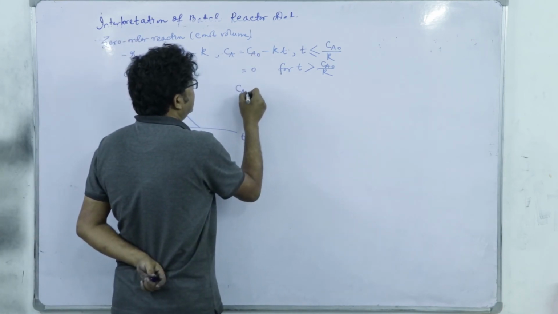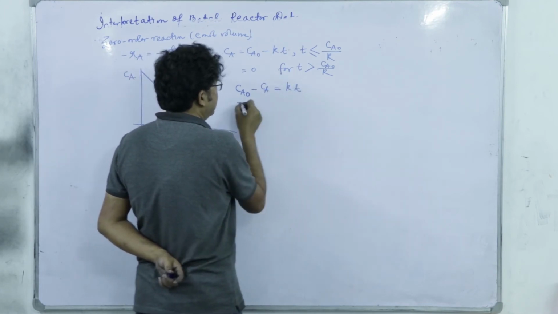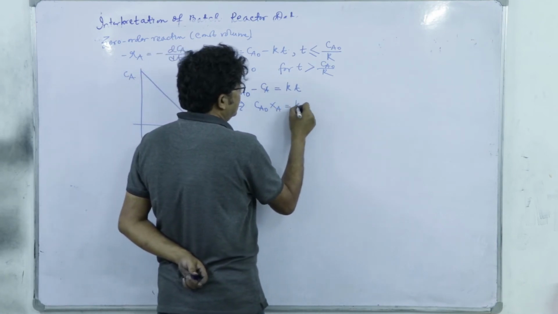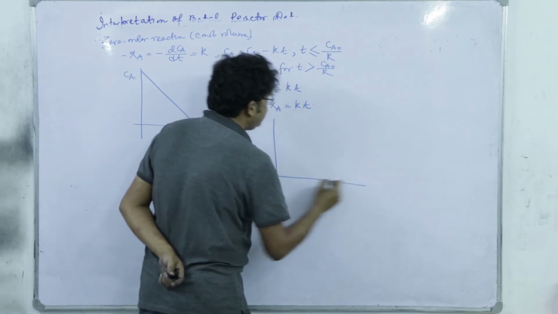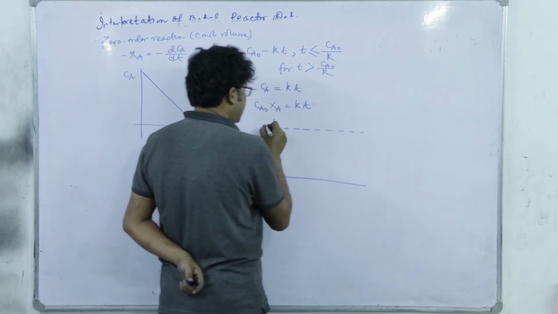And you see this, Ca naught minus Ca is equal to k into t, which means Ca naught into Xa equal to k into t. So, Xa is 1 after that.